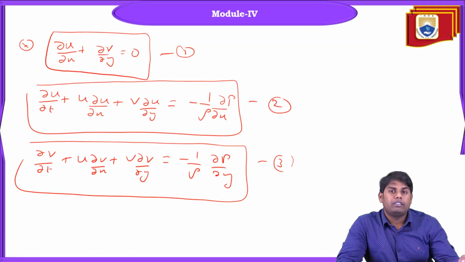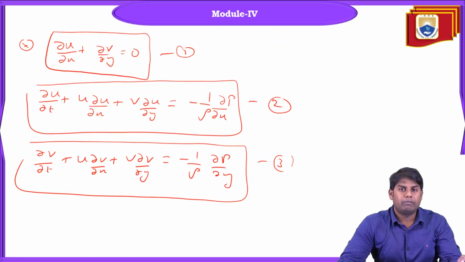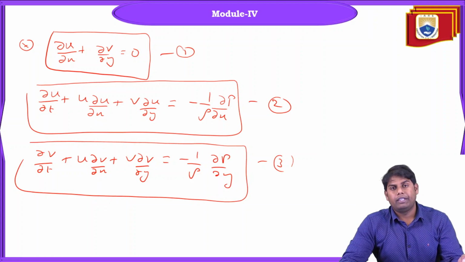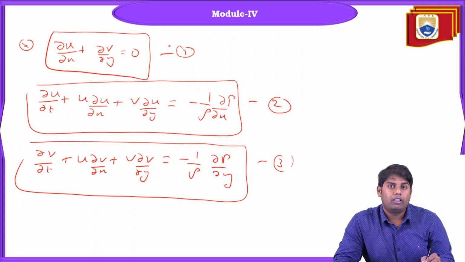For these three equations, we will supply the initial values. These three partial differential equations are basically converted to discretized equations. As an example, I will write it for the continuity equation.